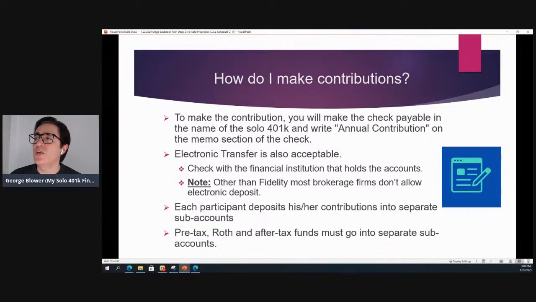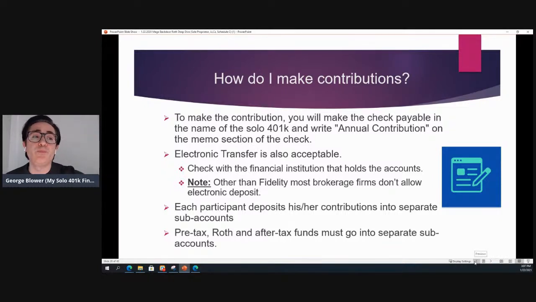The next question, so the $6,500 catch-up for 50 years old can't be allocated to the company pre-tax contribution after putting in $57,000 in the post-tax account? So yes, it would be possible. Under that scenario, I understand that the person wants to make a $57,000 after-tax contribution to the after-tax account. But on top of that, they're 50 or older, and they also have a $6,500 catch-up contribution they want to make.